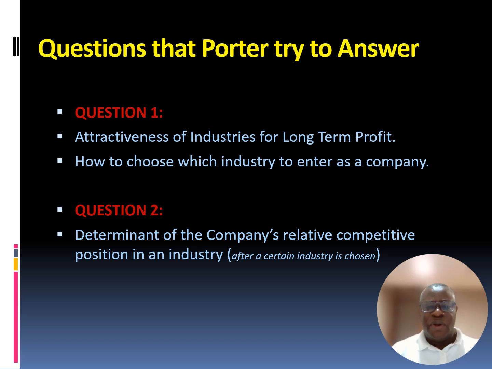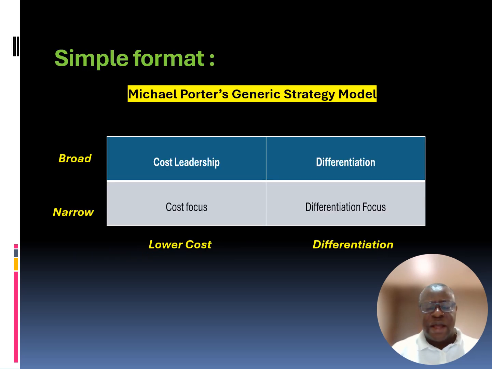And above them all was the determinant of the company's relative competitive position in the industry, that's after the industry has been chosen. Those are the two things we look at when we look at Porter's competitive strategy.